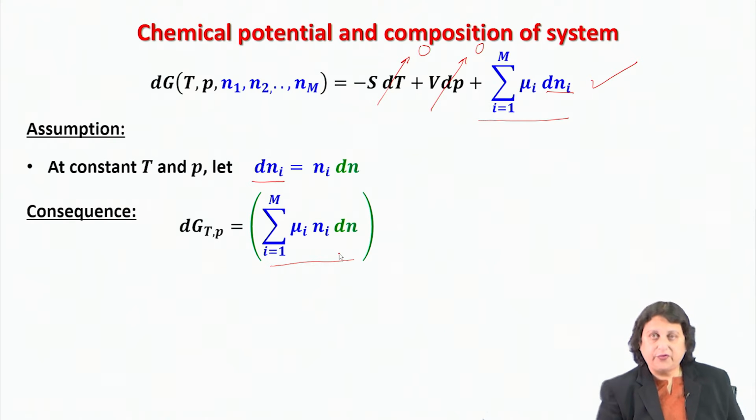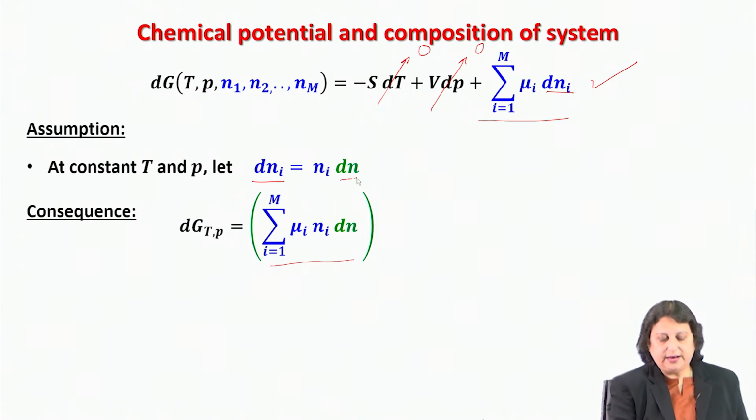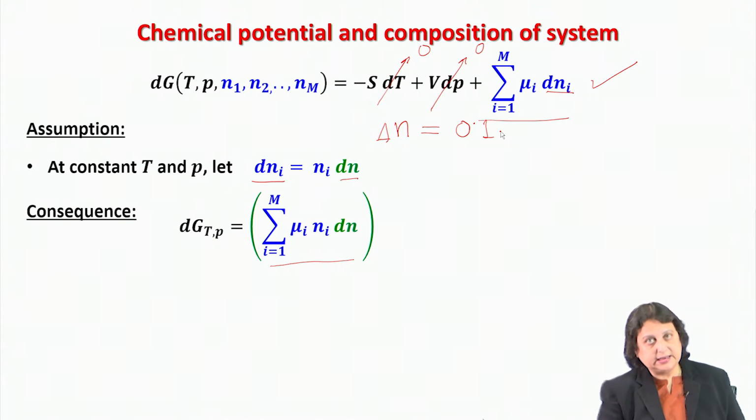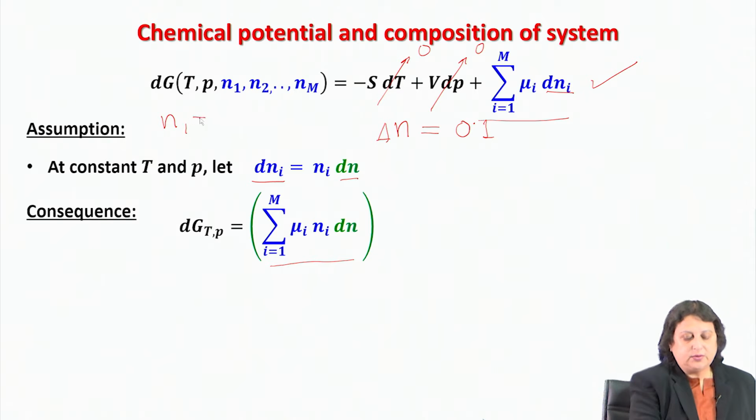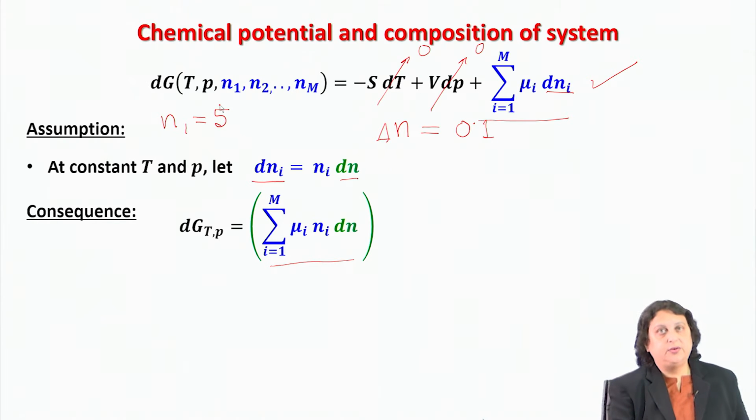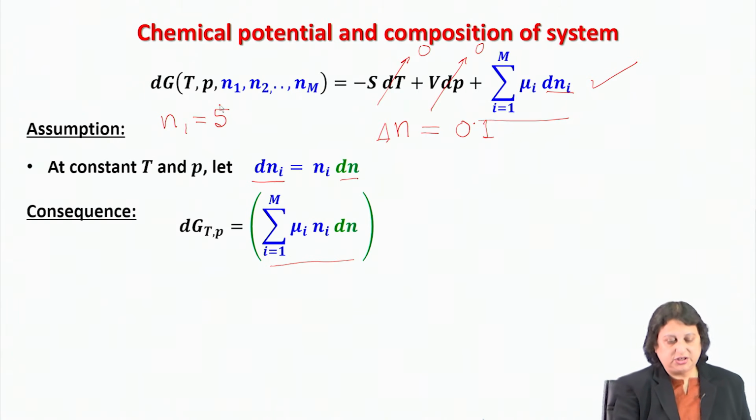I understand that for a finite change, I would have each type of component undergoing, say, about 10% change in its composition. So in a finite process, instead of dN, I will be talking about delta N, and I'm saying that, let me say that delta N is 0.1. Therefore, if N1 is equal to, say, 5 moles, then what would be the new value of N1 as the system undergoes a change in state?